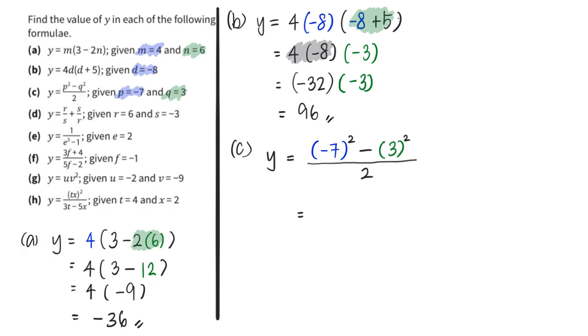So we will do the numerator first. The numerator will be equal to negative 7 bracket square, which means negative 7 times negative 7. This will give me 49. 3 times 3 is 9, so this one will give me 9, over 2.